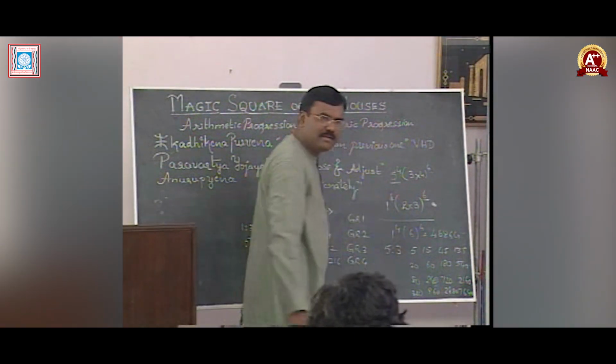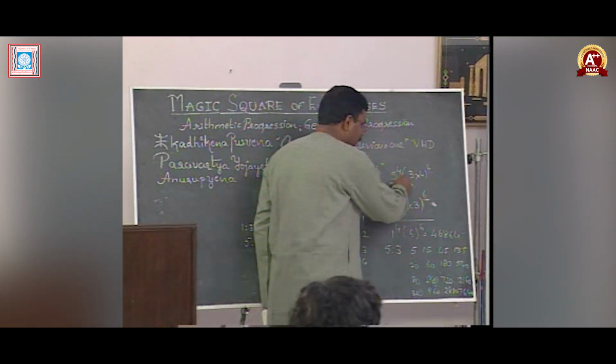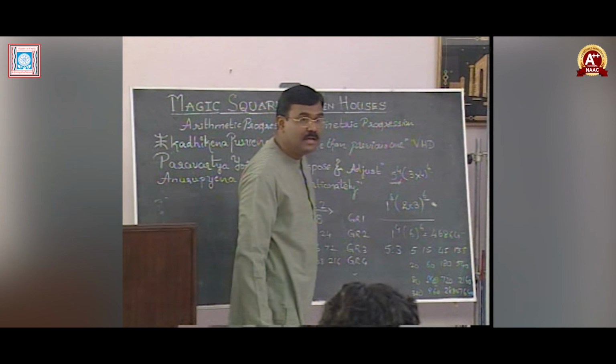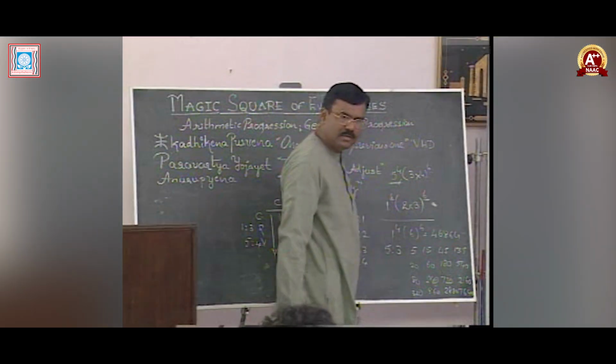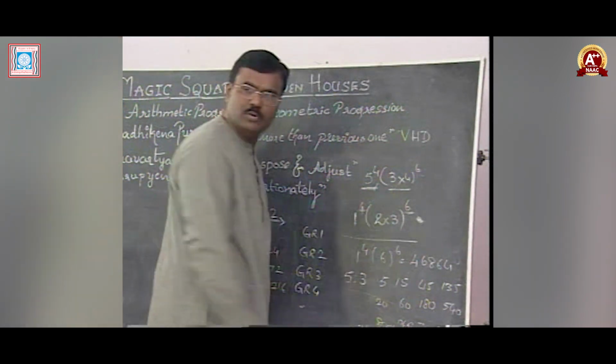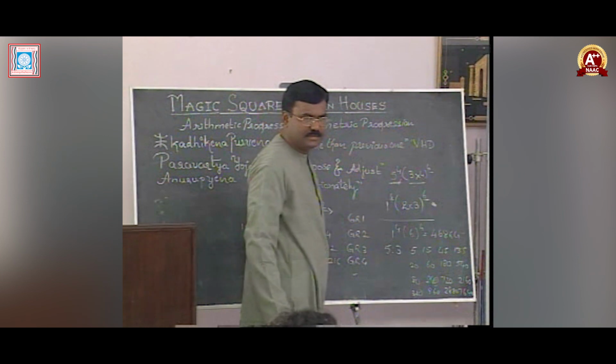We did not leave it out; you already considered 5 here. This is the common factor, this is the first term. Hence its fourth power comes first, being the 4 houses. First you calculate 5 to the power of 4, and the common ratio of both the numbers and the coefficients of 6.